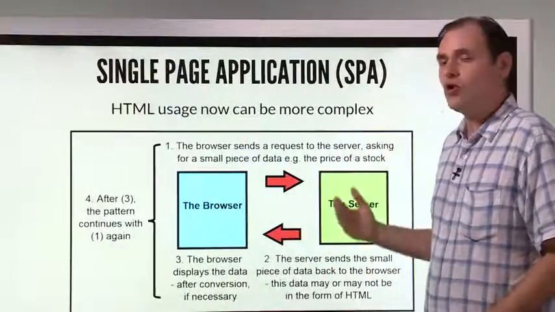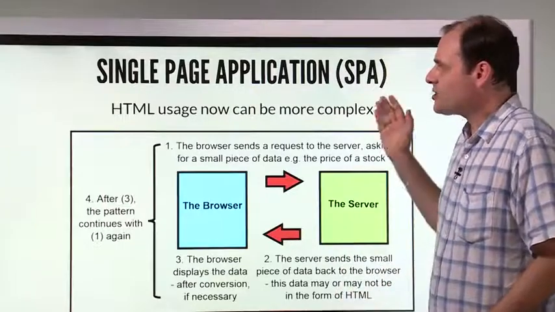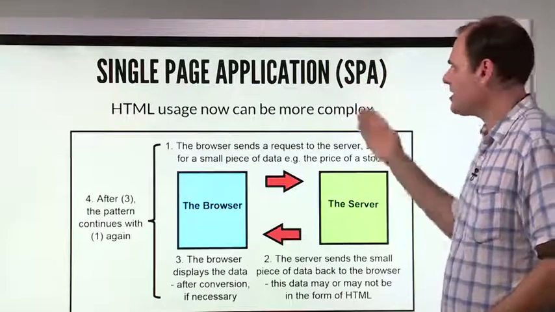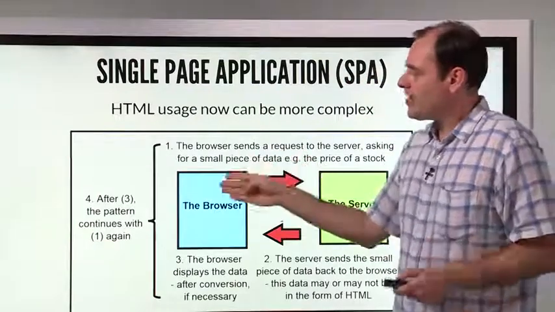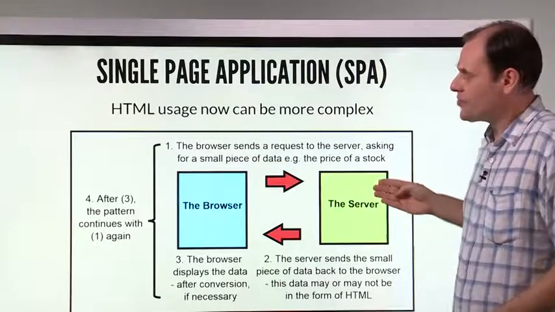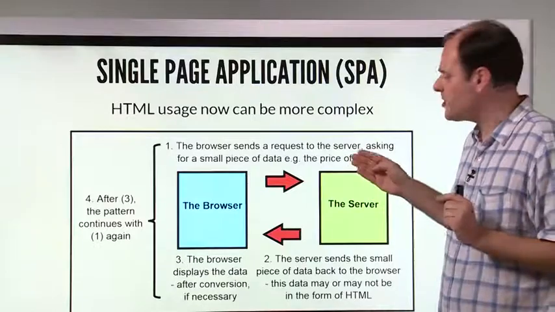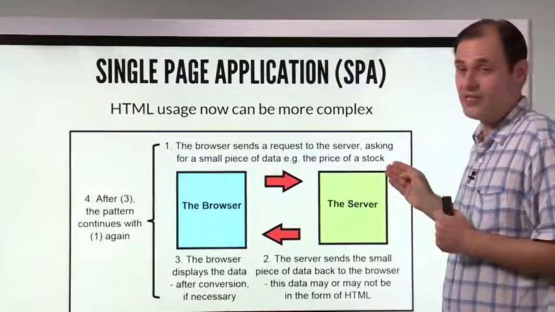However, things have got a bit more complex in the last 10 or so years. Let's look at another model, which is single page application, SPA. So now things are a little bit more complex. Browser sends a request to the server asking for a small piece of data. It doesn't ask for an entire web page, it just asks for a small piece of data.